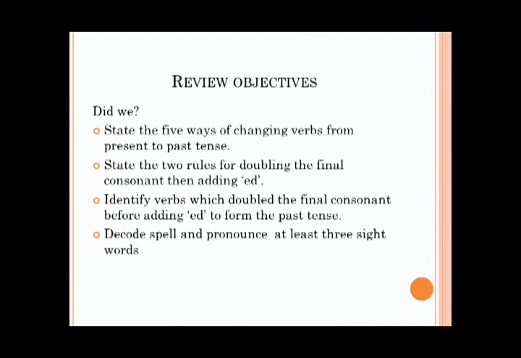Oh yes. Did we identify verbs which double the final consonant before adding ed to form the past tense? Oh yes. And lastly, did we decode, spell and pronounce at least 3 sight words? Yes, boys and girls, we did all of those things.